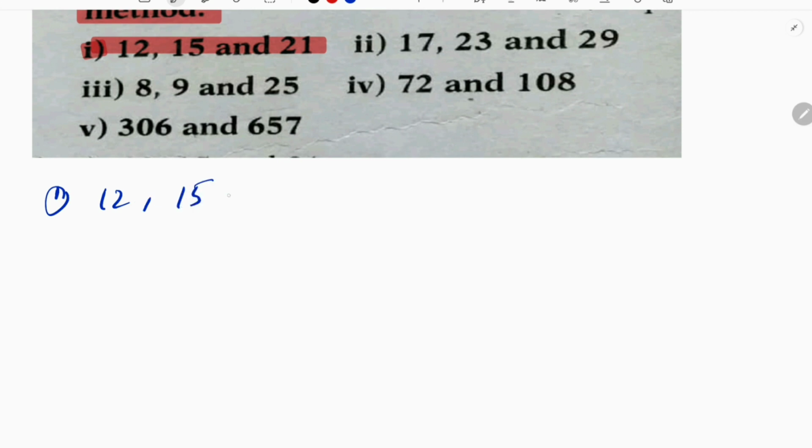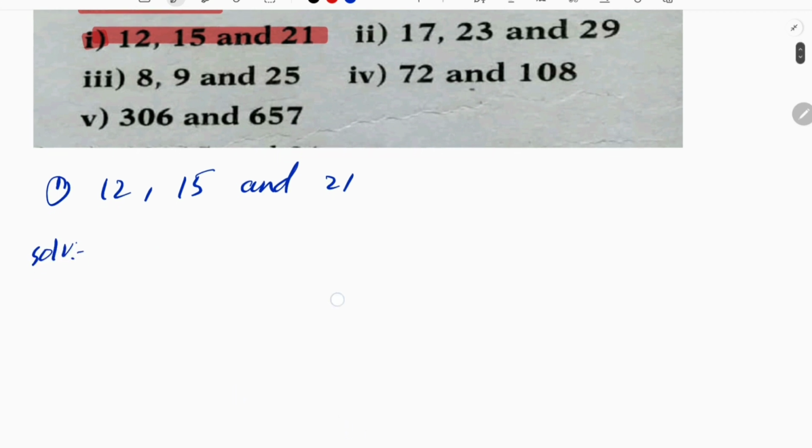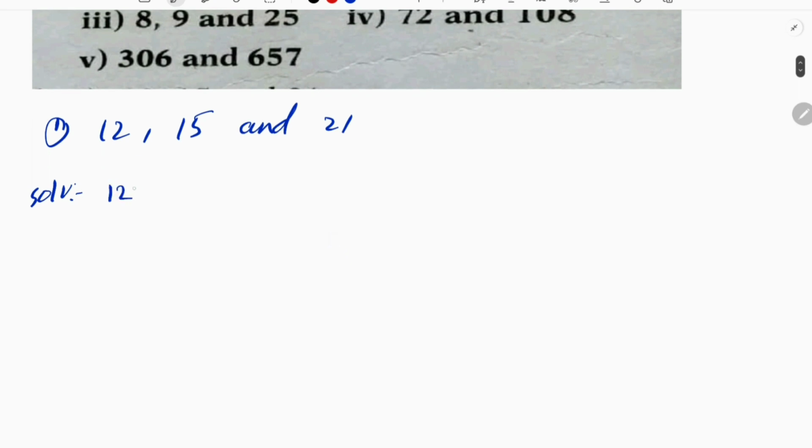12, 15 and 21. Let's solve. 12 we can write as 2 into 6, and 6 we can write as 2 into 3, so 12 is equal to 2 squared into 3.